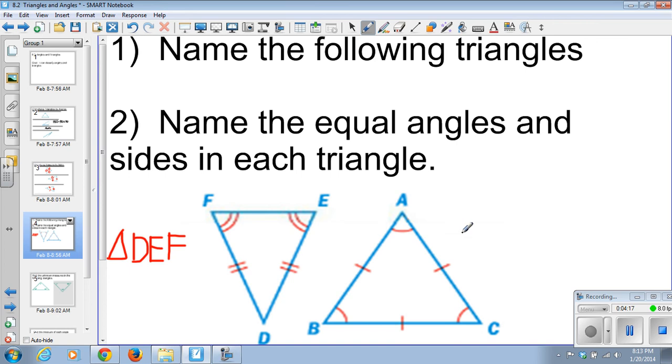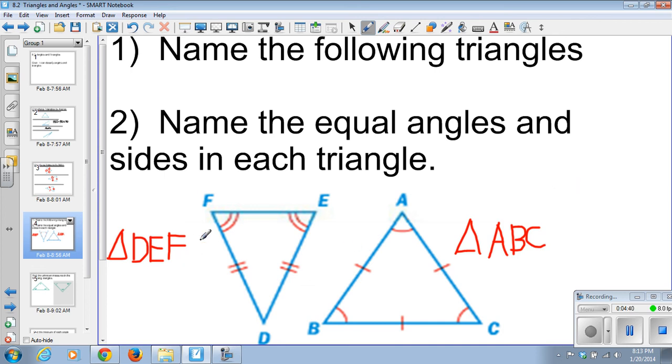So the one on the right, again alphabetical, we're going to refer to as triangle ABC. So that's my horrible triangle symbol there. There's the A, B, and C.